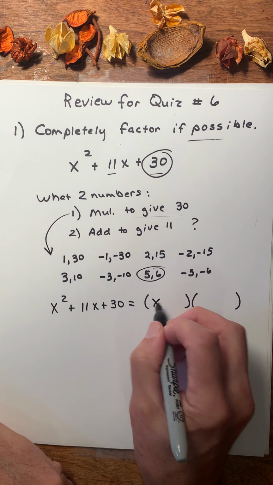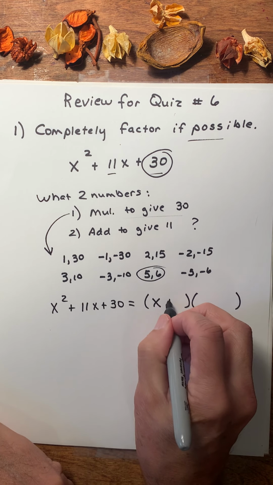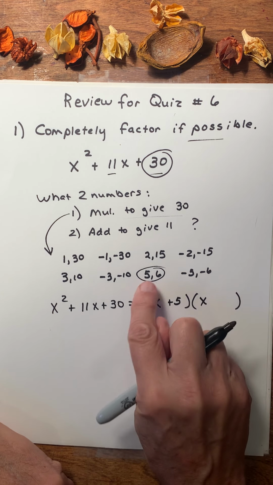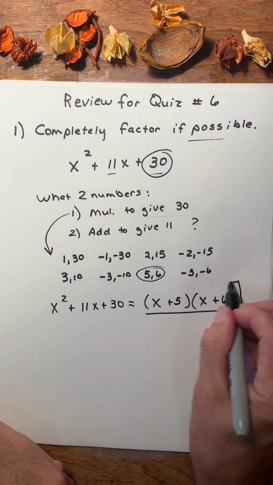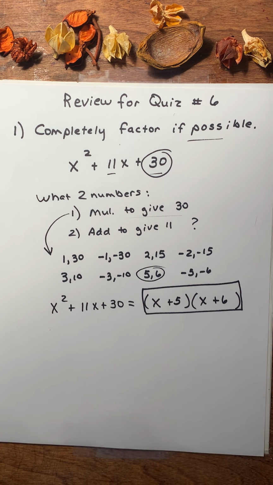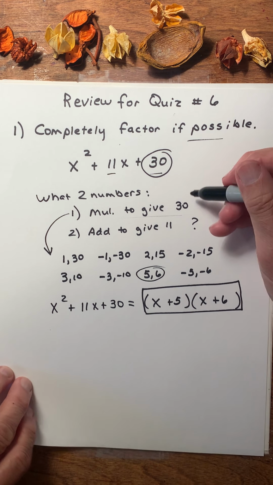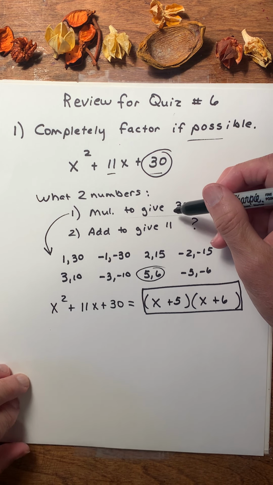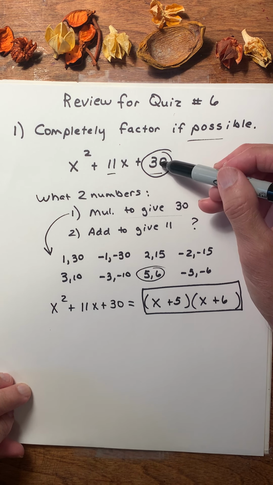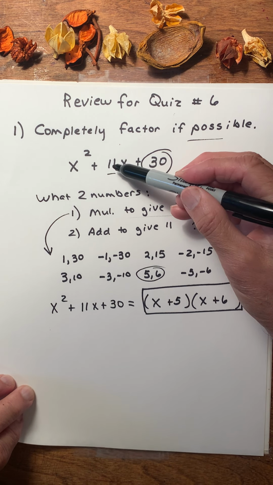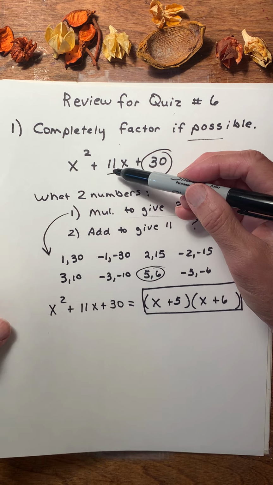They are x plus 5 and x plus 6. But this is my MO. This is my method of finding what 2 numbers. They multiply to give the last number. They add to give the middle number.